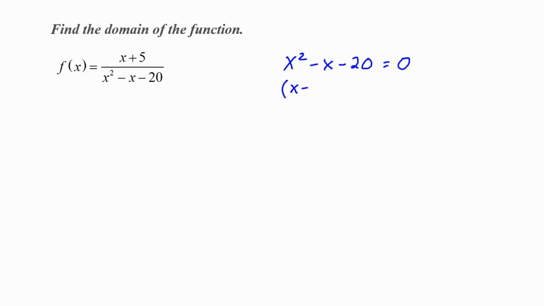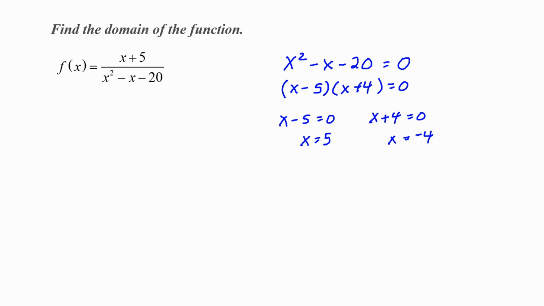X minus 5, x plus 4 equals 0. X minus 5 equals 0, meaning x equals 5. X plus 4 equals 0, which means x equals negative 4. So these should be the two values that will give us 0 in our denominator.